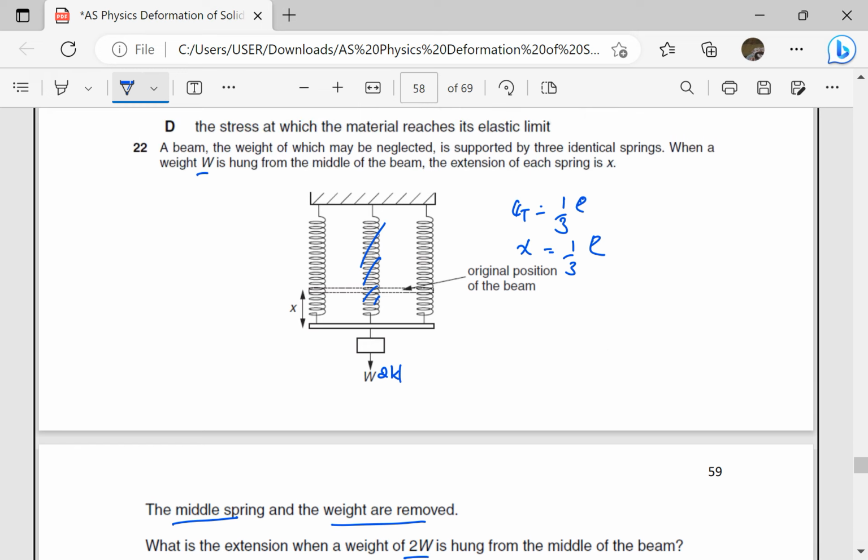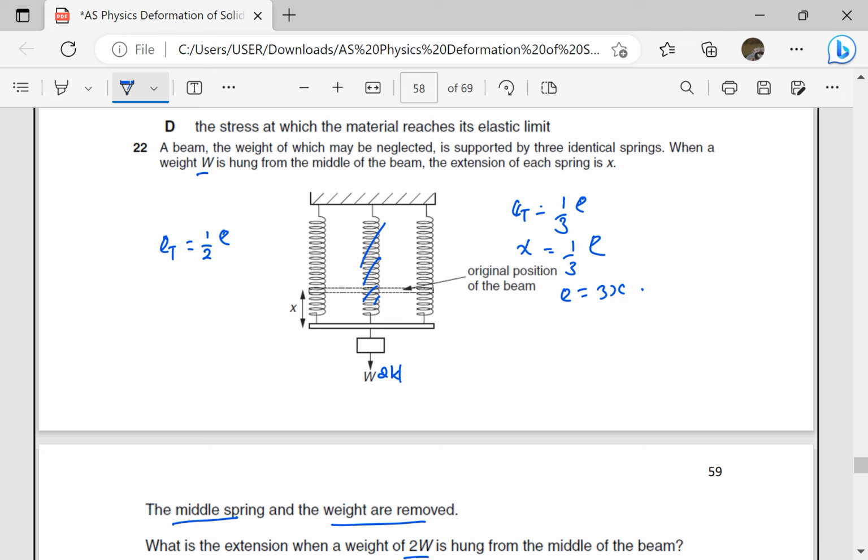So first of all, these two springs will now extend by a half. In the second case, the total extension is going to be a half of the extension of just one. Initially, remember, the extension of one spring was 3x. So E was 3 times x for one spring.